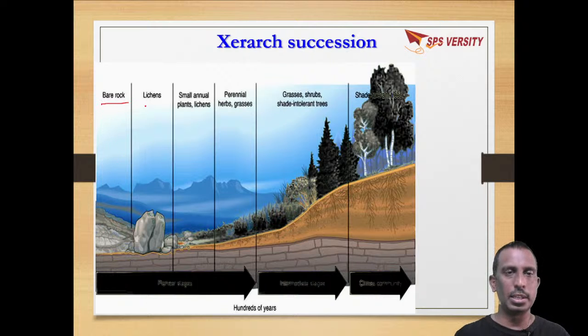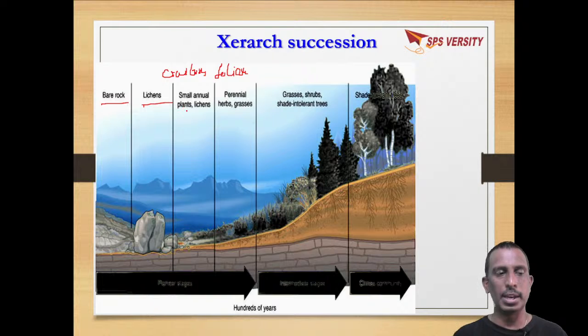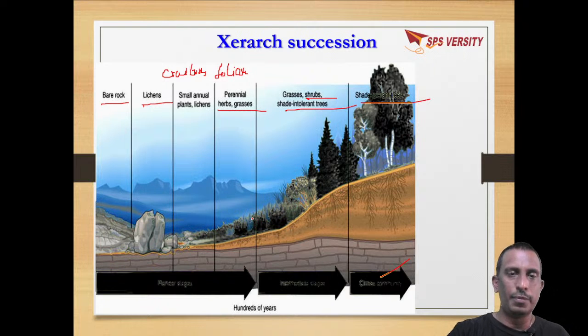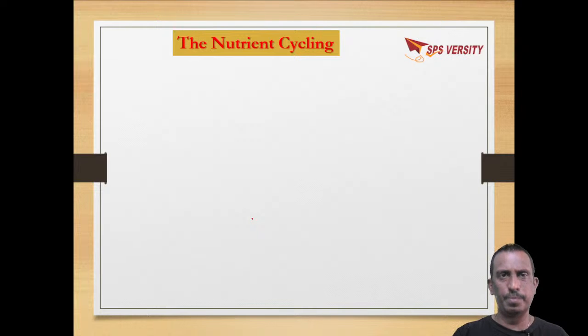The pioneer stage is lichens. In this there may be crustose lichens. Next is foliose lichens. Next grasses, herbage, perennials, next shrubs, next trees, which is the climax community, which takes hundreds of years. This process takes place over hundreds of years to complete.